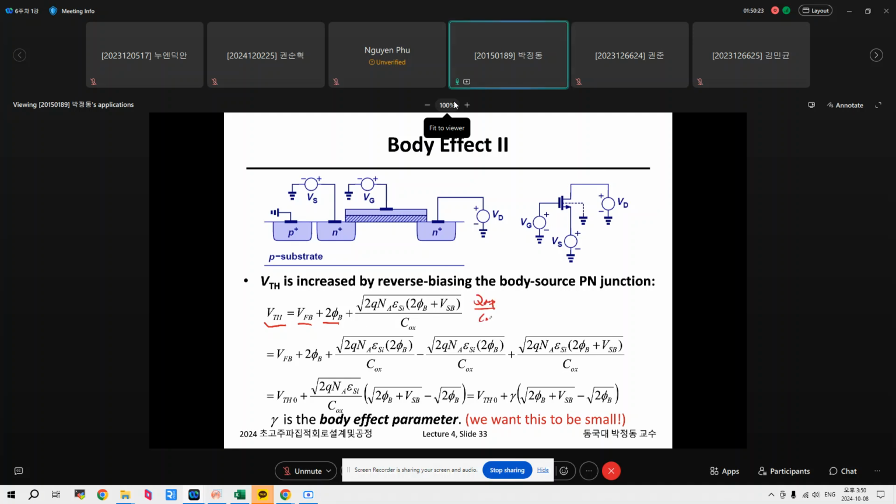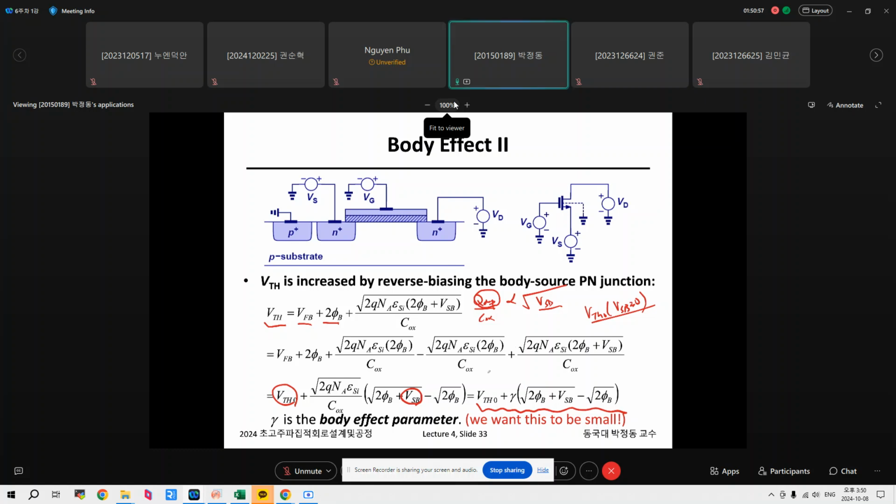This Q depletion is proportional to the square root of VSB. So we use V threshold 0 with VSB equal to 0 here, and we include the effect of V source body this way. So eventually you have a very important equation for threshold voltage.